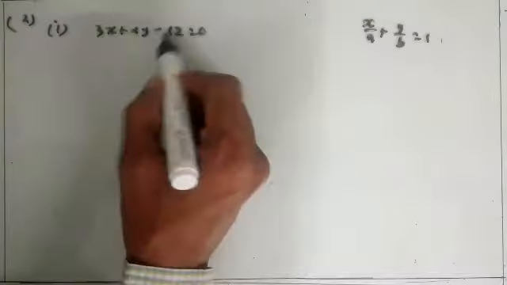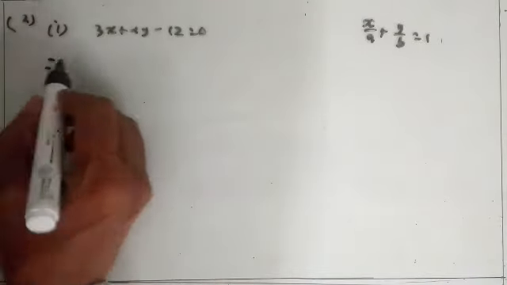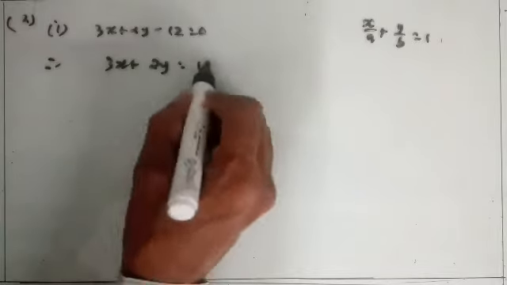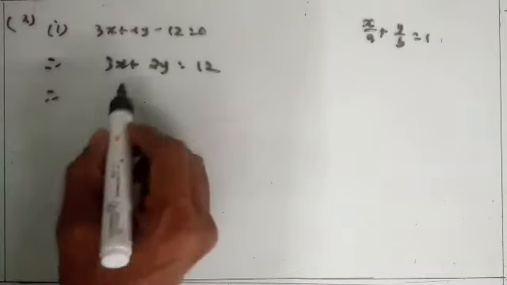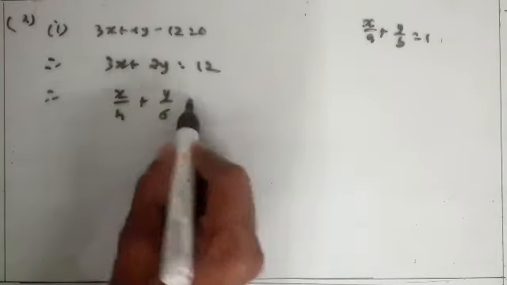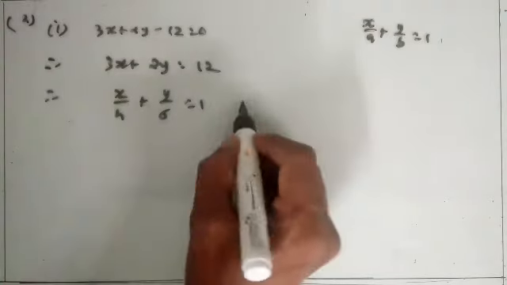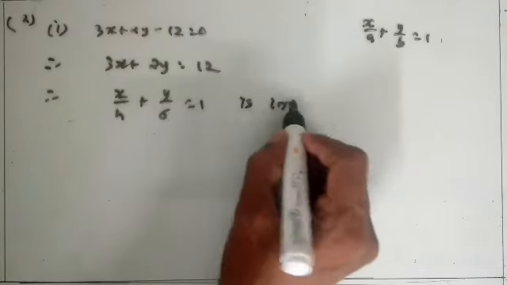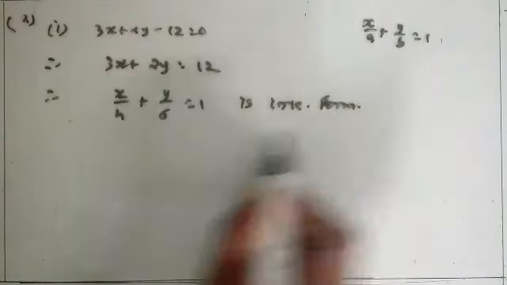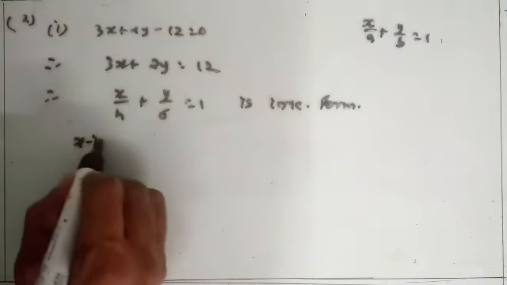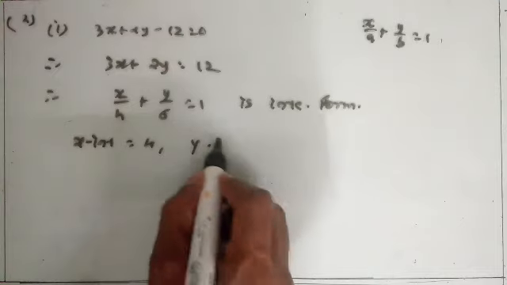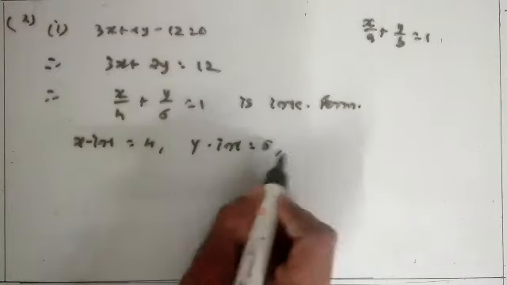For this, take 12 to this side, divide by 12. Here we get 3x plus 2y is equal to 12. Therefore, dividing by 12 we get x upon 4 plus y upon 6 is equal to 1. This is the intercept form. Clear? Here x-intercept is equal to 4. y-intercept is equal to 6.